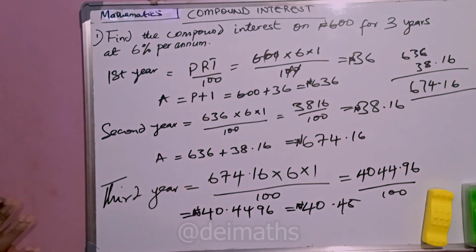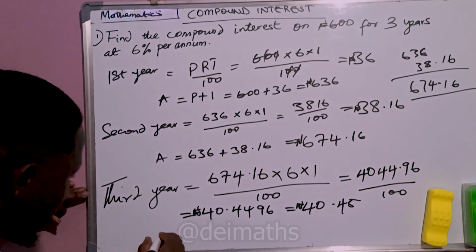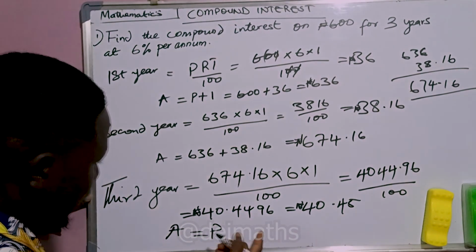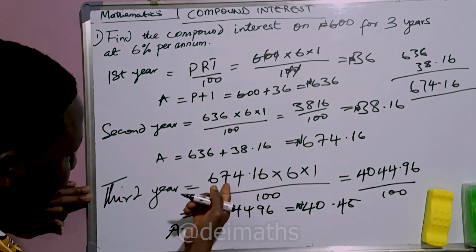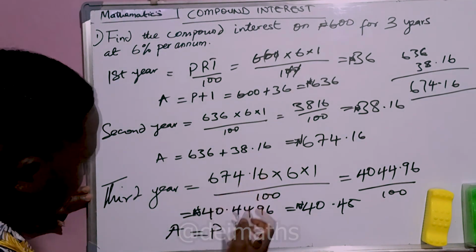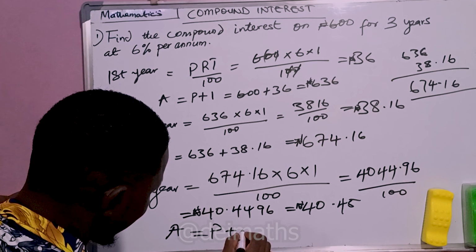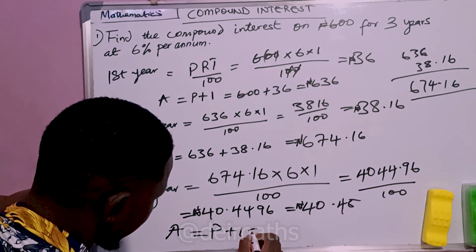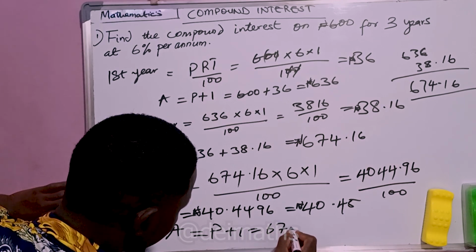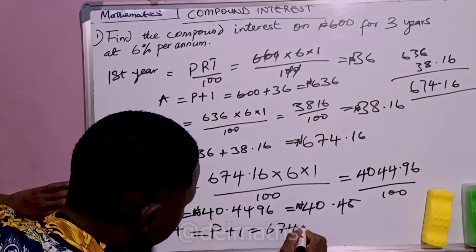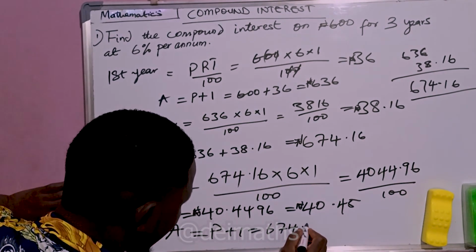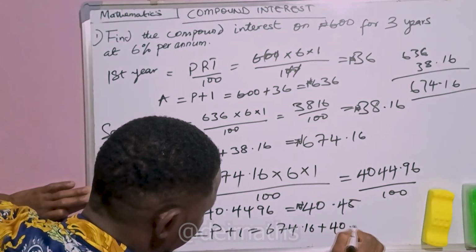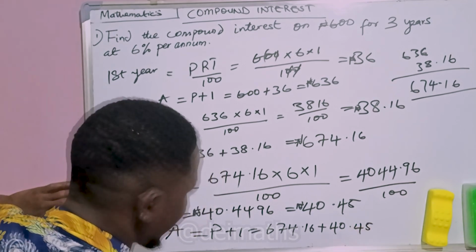So our total amount that we will get after the third year becomes: amount is equal to the principal, which is 674.16, plus the interest, which is 40.45.